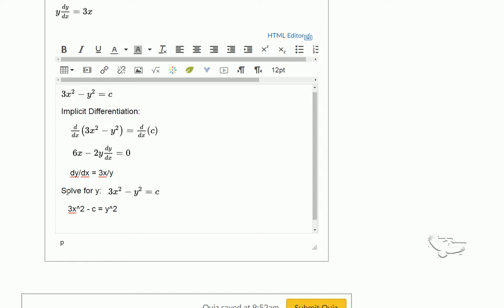And then to solve for y, you would take the square root, and that actually gives you two answers. y is equal to plus or minus the square root of 3x squared minus c. Okay, so now I know what y is.